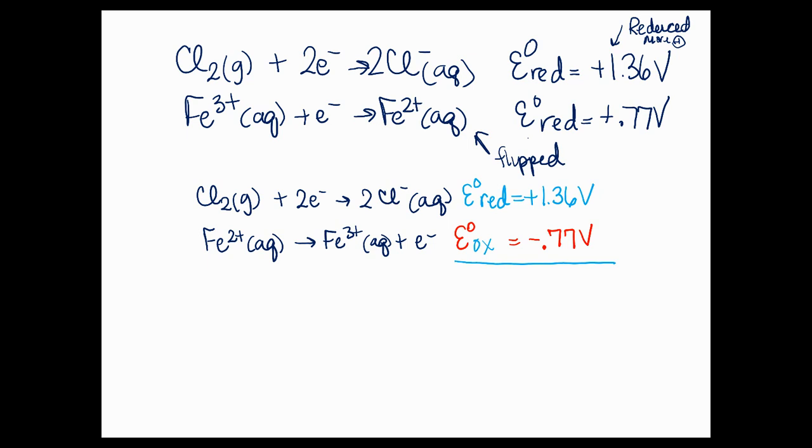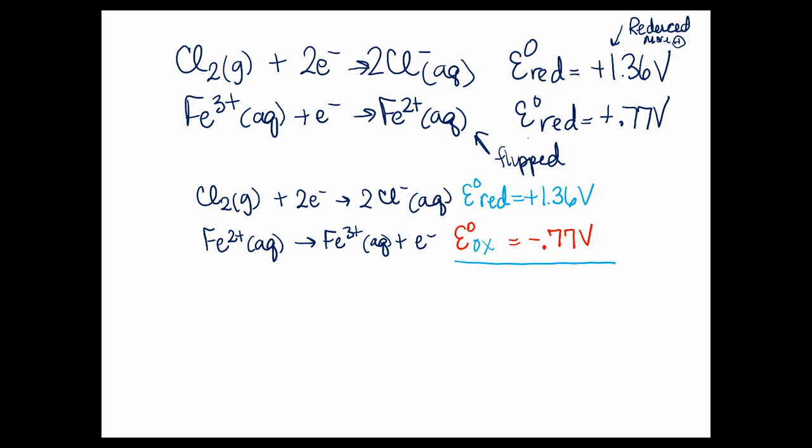Now, what would have happened if I had picked the wrong one to flip around is I would get a negative cell potential, and you can't have that for a voltaic cell. Voltaic cells always have to be positive, right?